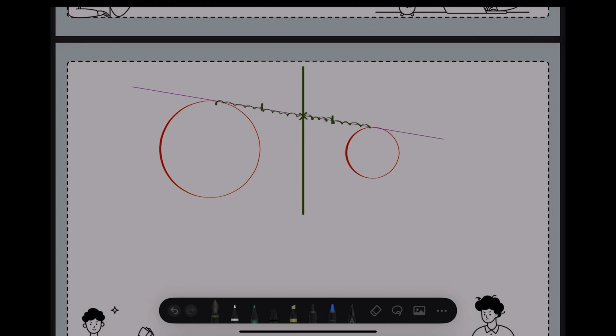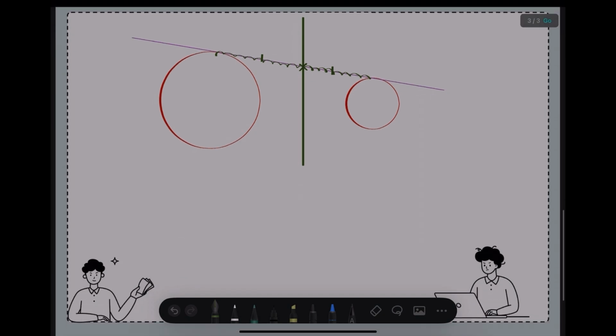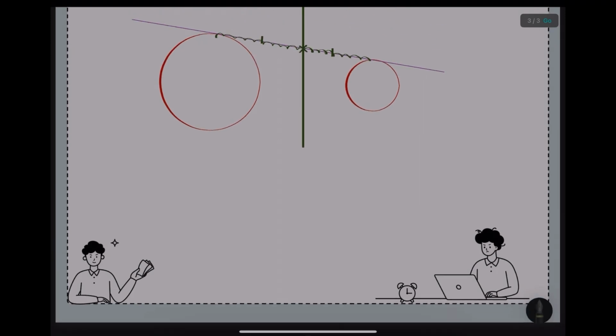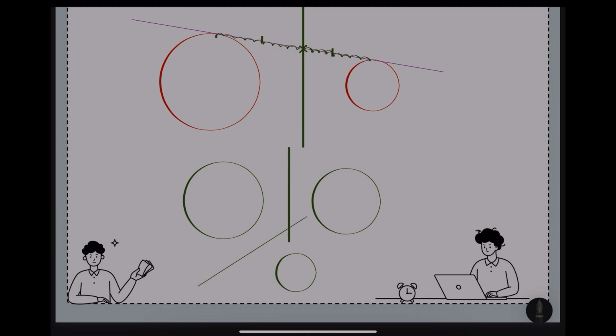Now think about radical center. So what is radical center? Suppose that we have three circles. So its radical axis will be this one, and this radical axis will be this one, and this radical axis will be this one. This radical axis is because of these two circles, this radical axis is because of these two circles, and this radical axis is because of these two circles.